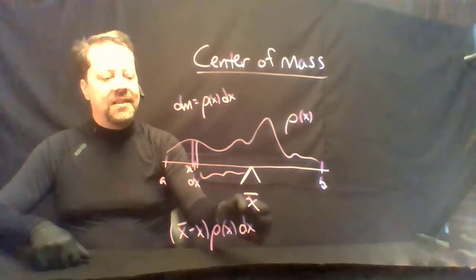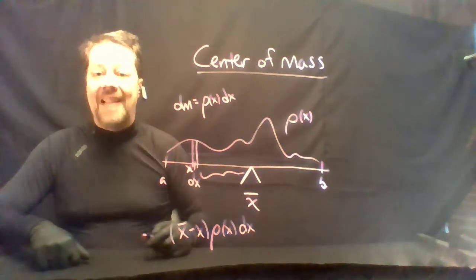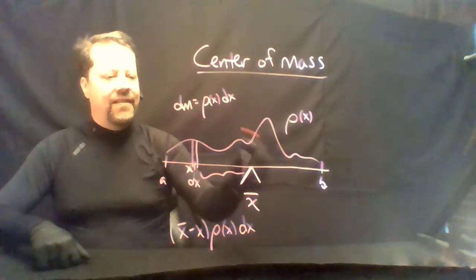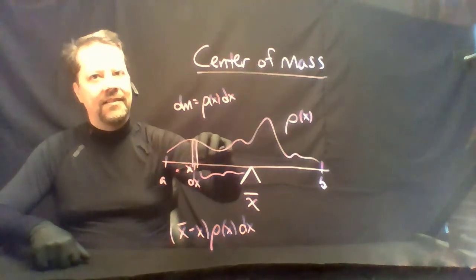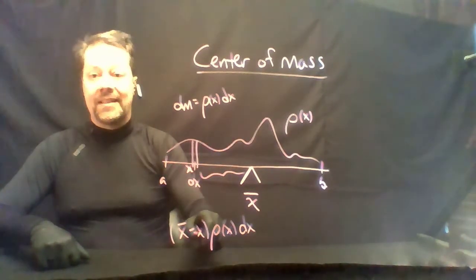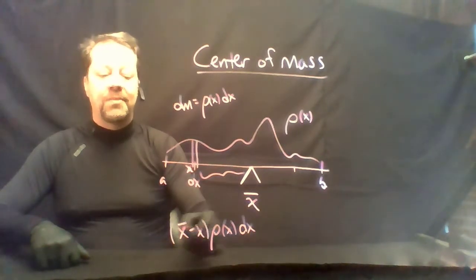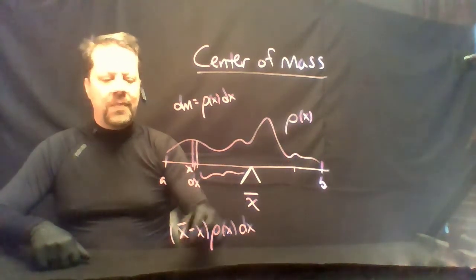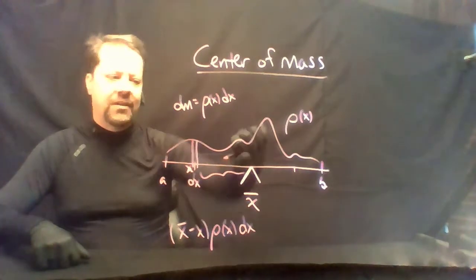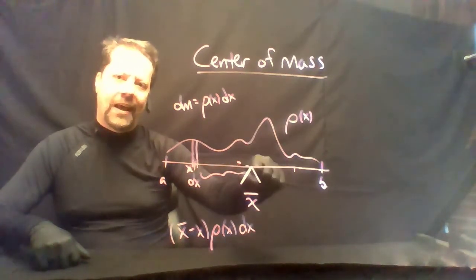If x bar really is at the balance point, then the moments on the left-hand side, which will be positive by design here, will cancel the moments on the other side. Since x is bigger than x bar on the right, we will have negative values for that lever arm, which will give you moments going the other way.